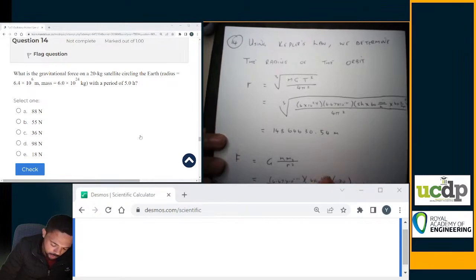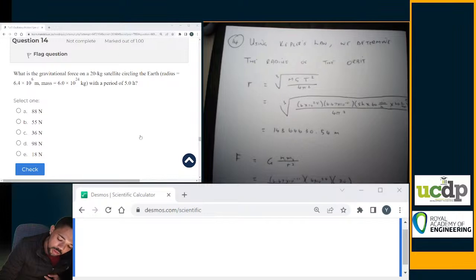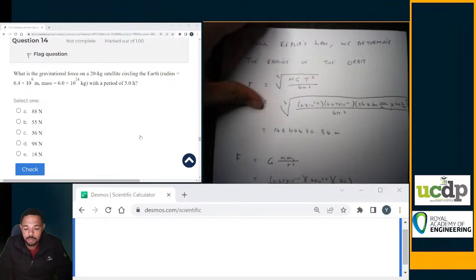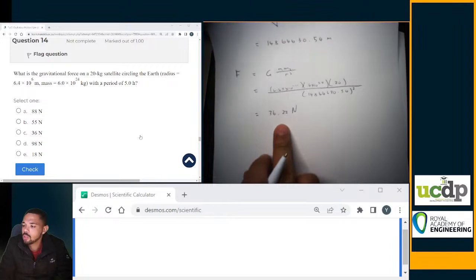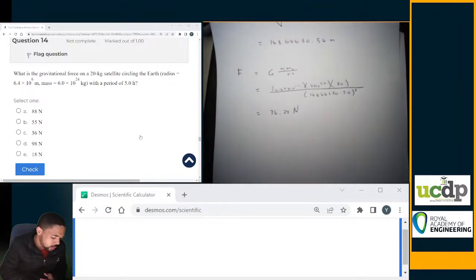The radius between them is 1.486463 times 10 to the 7 meters, and you square that and you get an answer of 36.22 newtons. Not a lot of force between them.